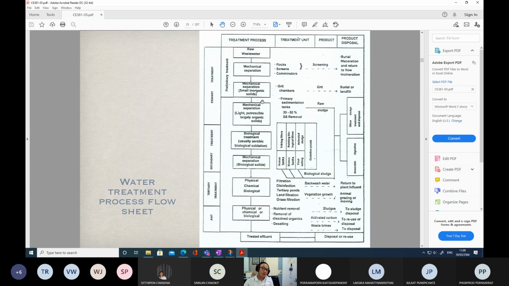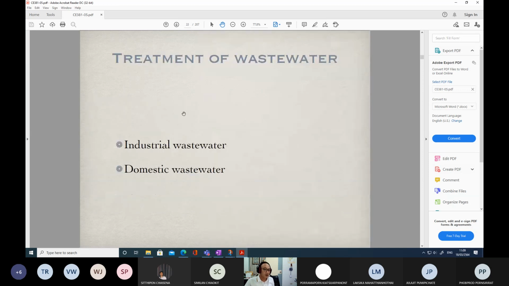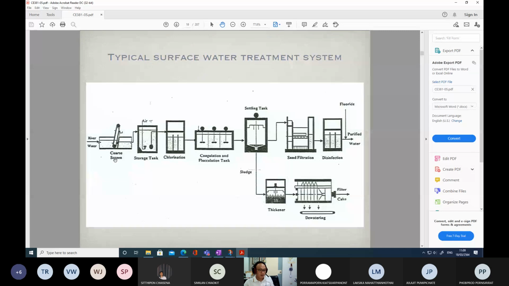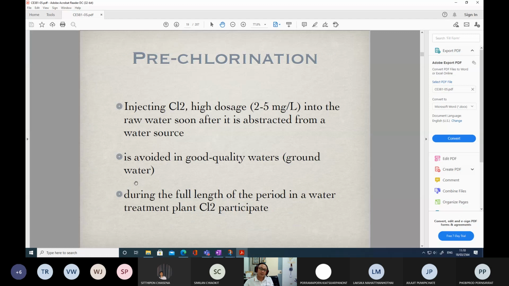A unit operation that applies only the physical characteristic, for example, the screen. This is the only unit operation in this flow diagram that applies the physical process to remove big objects from water. So this is a kind of preliminary treatment process.